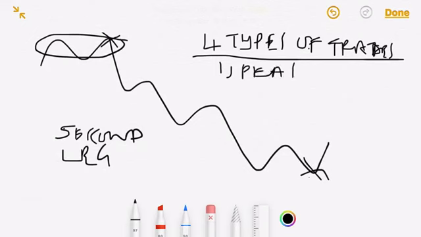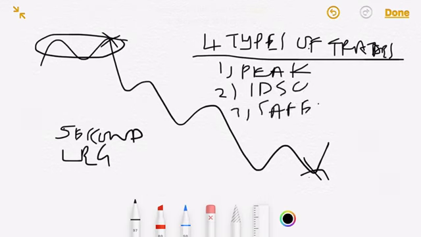We have already spoken about it and its identification. Type number 2, it's ID50. Type number 3, it's safety trade. Type number 4 is peak reset. So I've written them exactly in the way they form their sequence. This is exactly how they form.